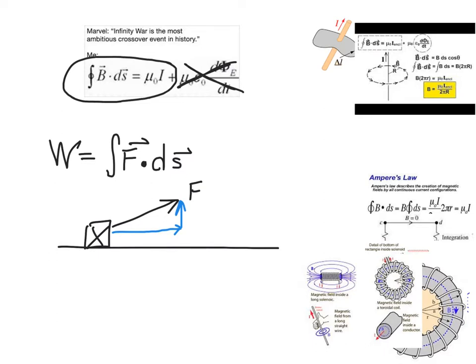So that's where the dot product comes in. When we take the force dotted into the displacement, that's F times ds, or delta s if we do it in real increments, times the cosine of the angle between them.